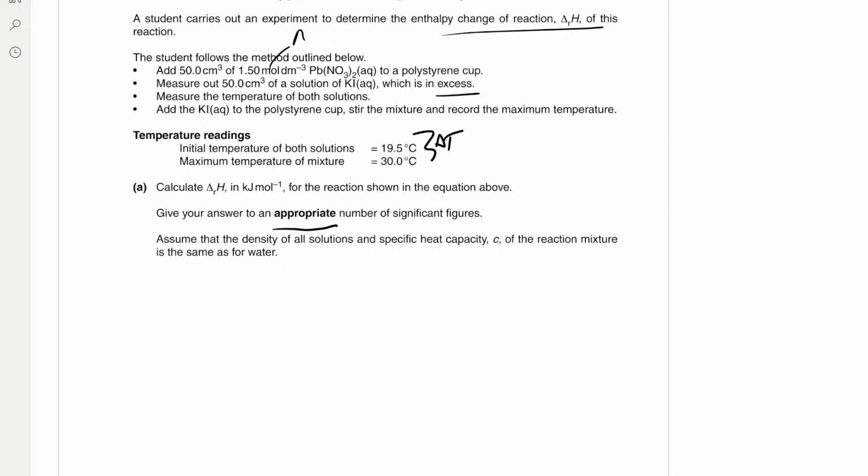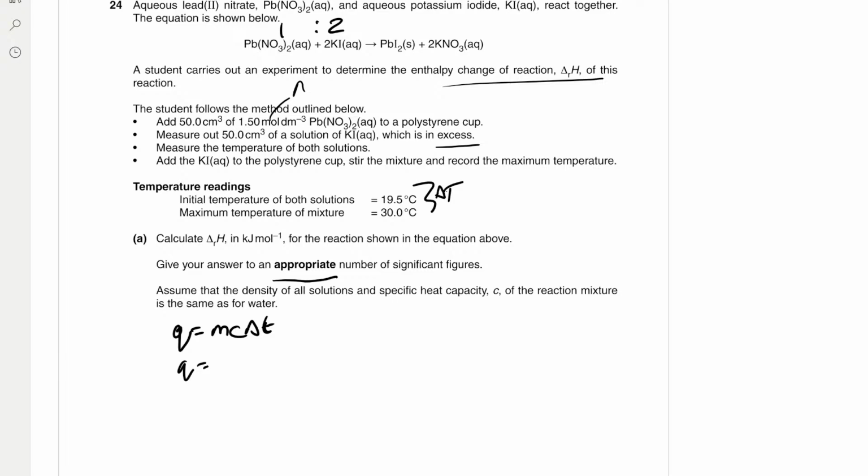And then we need to assume that the density of all solutions and the specific heat capacity is the same as for water. So we're using the equation to find the energy released, Q equals mcΔT. So that's Q equals our mass, which is the sum of our... This can be quite a hard style of question for some students because there are multiple different ways to do it.